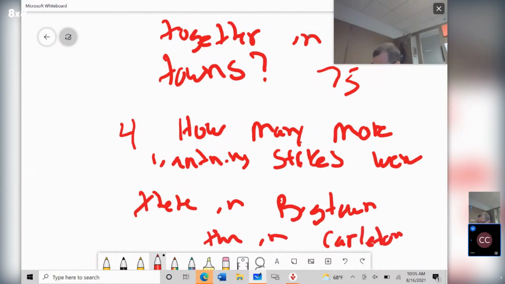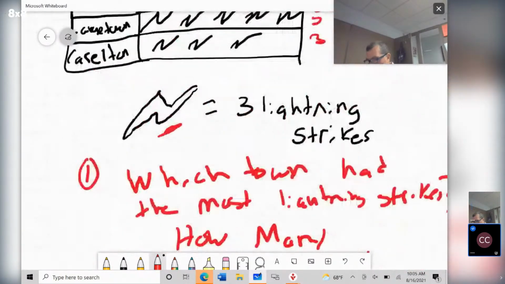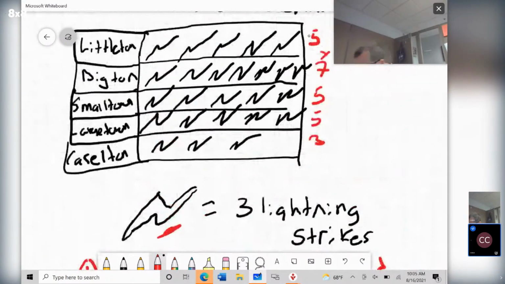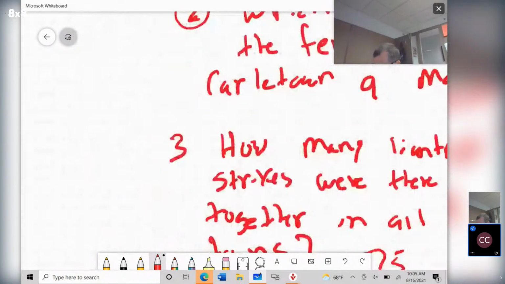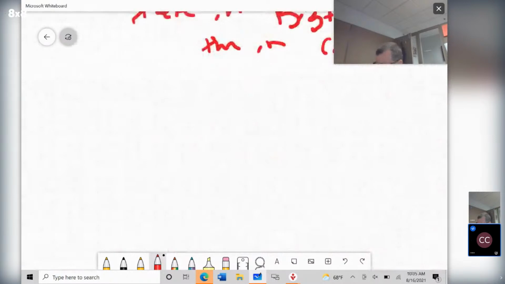So on this, we're going to compare Big Town to Carlton. So we'll go back up to this graph. Big Town had 7 symbols, so that means there's 21. Carlton had 3, which is 9. So it's going to be 21 minus 9. So Big Town had 12 more lightning strikes. So the answer to that one would be 12 more.